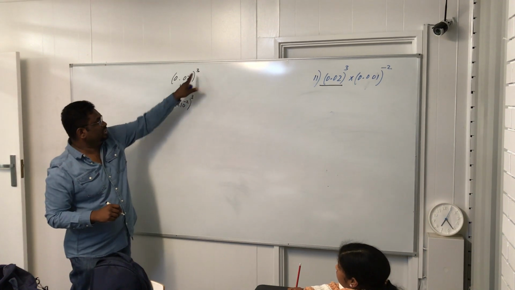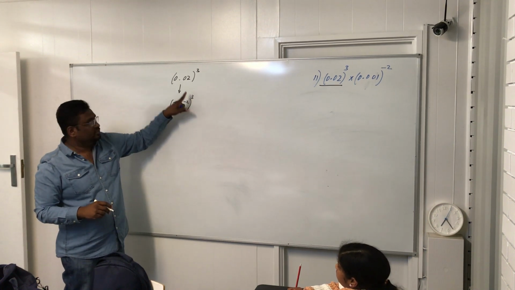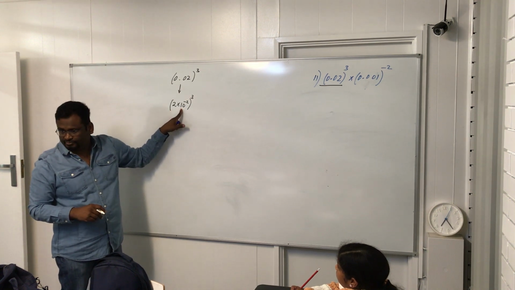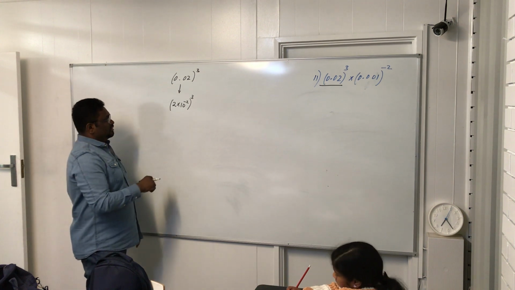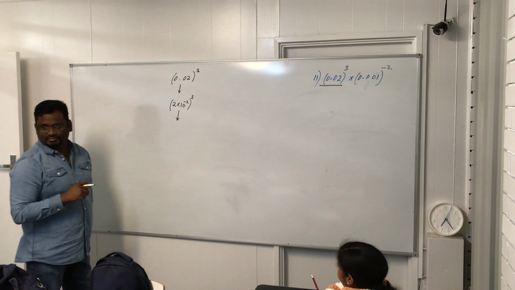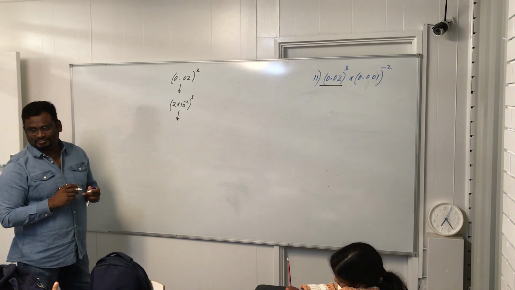I'm going to put this one here. I'm just copying that. 0.02, I'm going to write in this way. Then what? So you put.